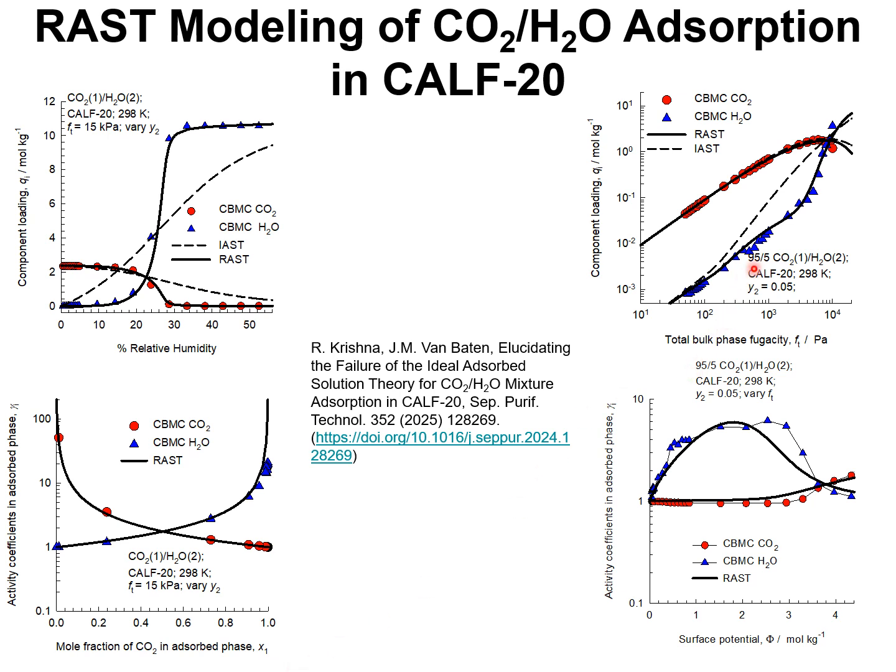In this case, for the CBMC simulations on the right hand side with constant bulk gas phase composition corresponding to 5% water, the adsorbed phase activity coefficients are plotted as a function of the surface potential that serves as a proxy for the spreading pressure.